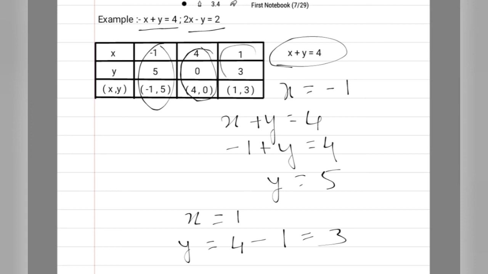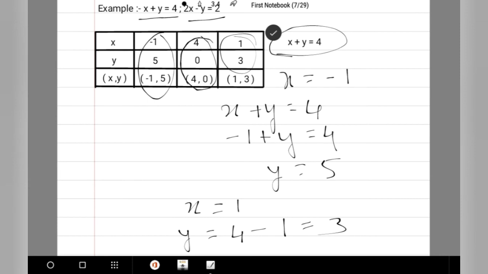So this is the third point which we get from here. So this is how we find the points which satisfy the equations. We just choose some random points. We can choose x is equal to 1, we can choose x is equal to 0, we can choose any point and then get the value of y and plot the points one by one on the graph.